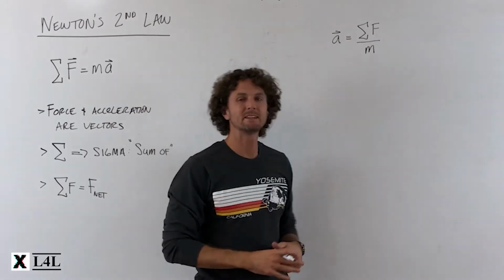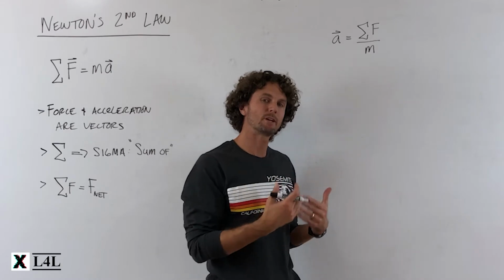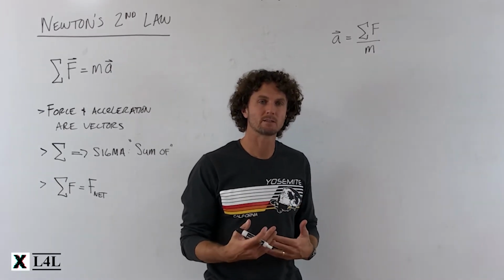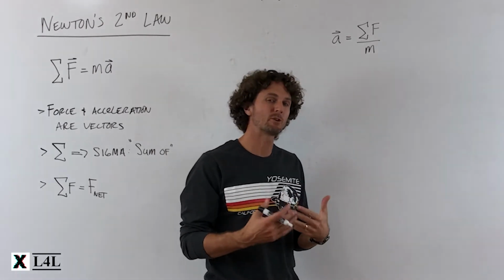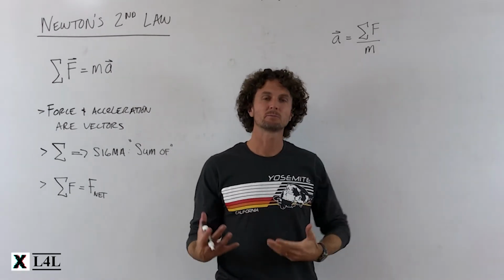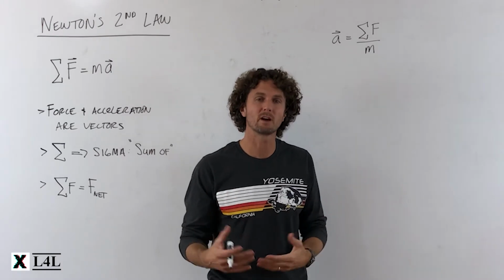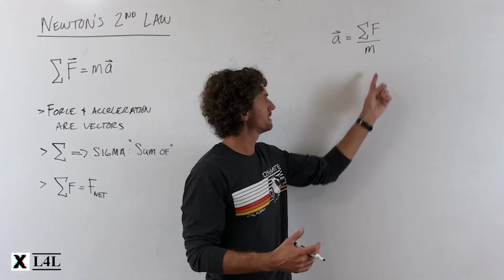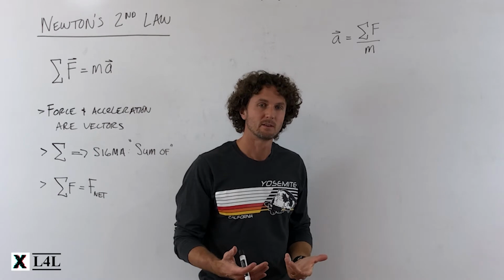In this, we can see that there's a direct relationship between the acceleration and the net force. So the greater the net force on an object, the greater the acceleration would be. Whereas there's an inverse relationship between the mass and the acceleration. And we talked before that this mass is really a quantitative measure of an object's inertia. And so the greater the inertia, the smaller the acceleration is going to be.